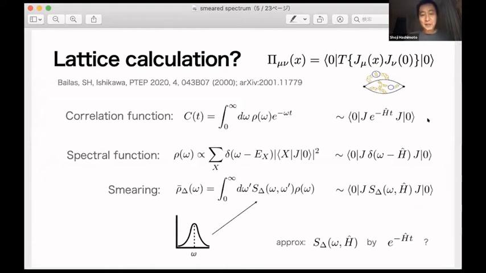Here, from the vacuum, you apply the electromagnetic current to produce all possible states. Depending on the energy of the state, that state decays according to the Euclidean time with the transfer matrix and gets back to the vacuum once again with the electromagnetic current. So what we are calculating on the lattice is this sort of matrix element, J, transfer matrix, J.